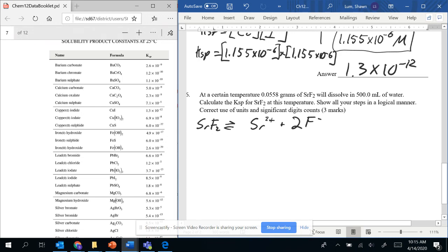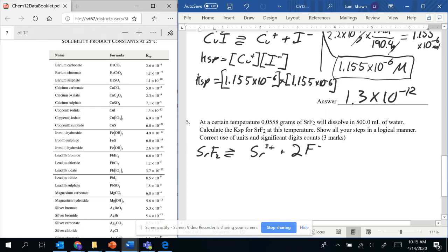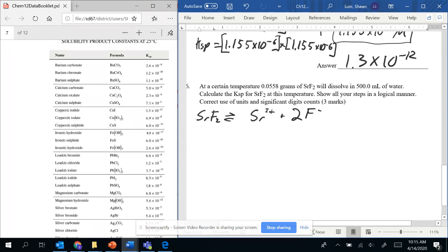Unlike the question up above, which is a 1-to-1-to-1 ratio, this is a 1-to-1-to-2 ratio. So same thing, we're going to figure out the concentration of strontium fluoride. So we're going to go 0.0558 grams. We're going to convert this into moles.